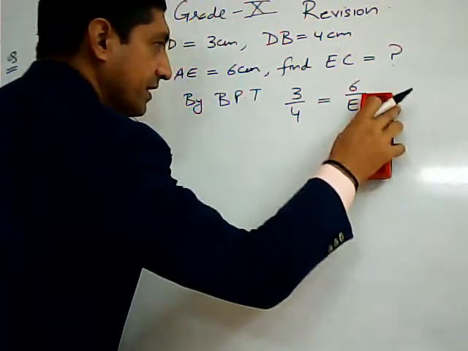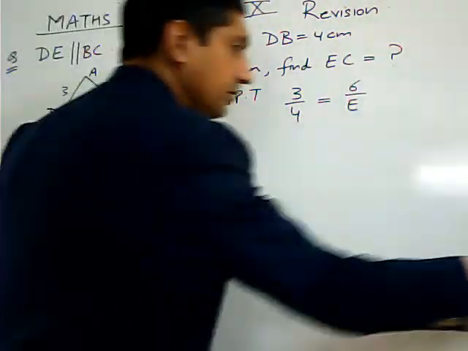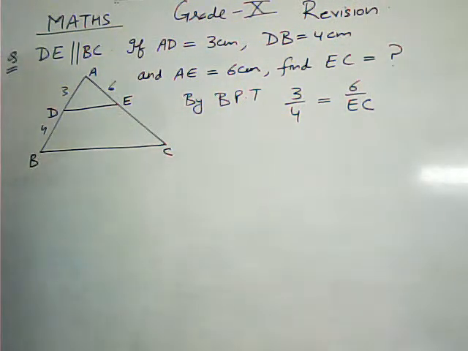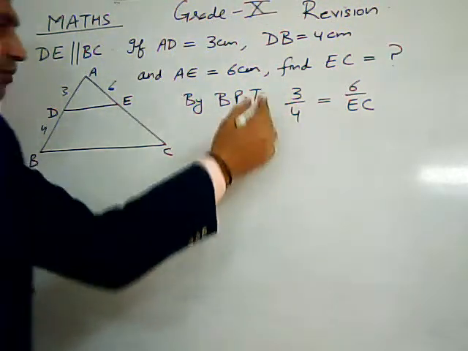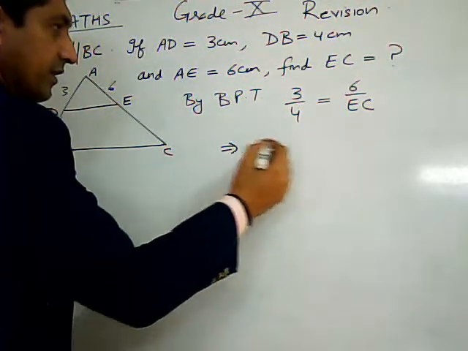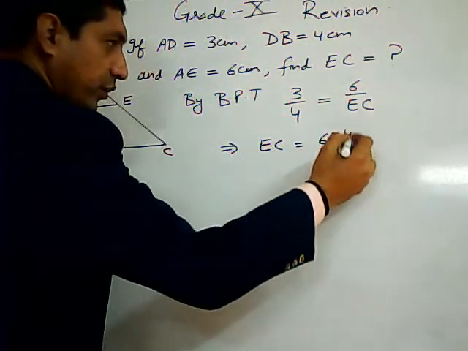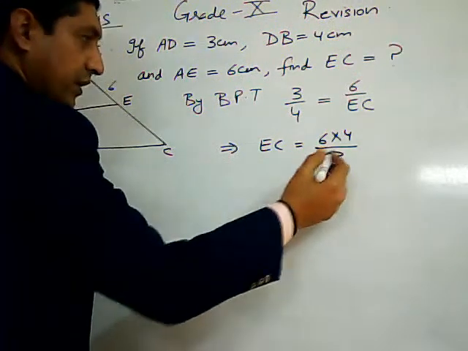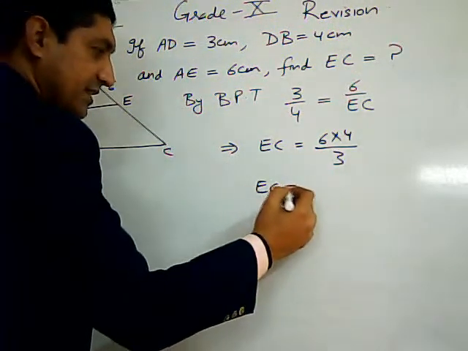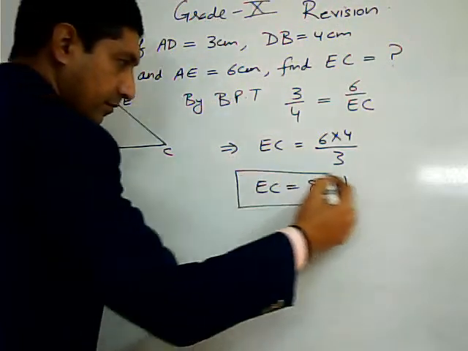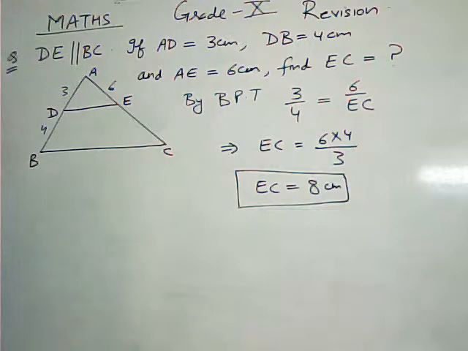Cross multiplying, we have EC is equal to 6 into 4 divided by 3, so 8. Therefore the value of EC is equal to 8 centimeter.